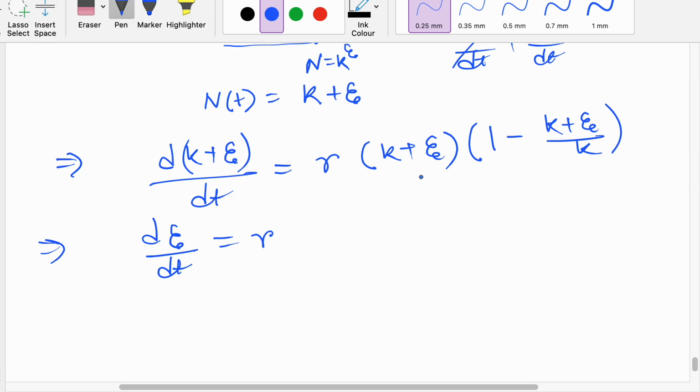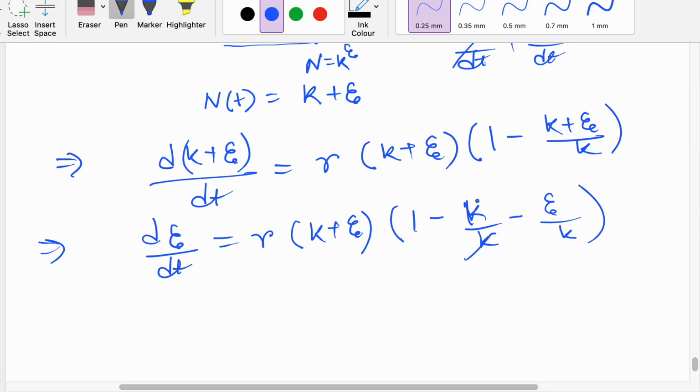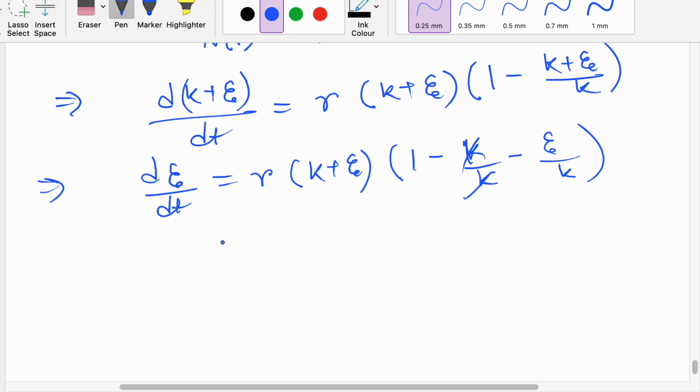Let me write it this way: 1 minus 1 means K by K minus epsilon by K, so this will go away. You see that K is much higher than epsilon, so we can neglect this term.